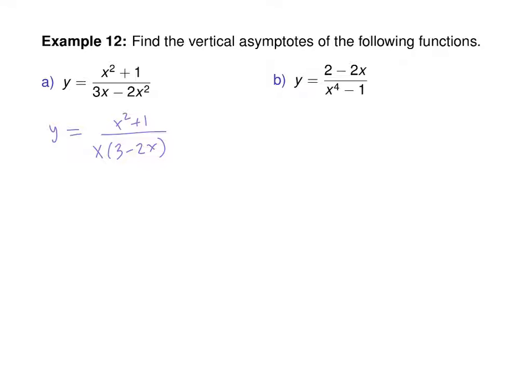So when is the denominator 0? At x equals 0 and at x equals 3/2. You find that 3/2 by taking 3 minus 2x and setting it equal to 0. So 3 equals 2x, x is 3/2. So those are your two vertical asymptotes.